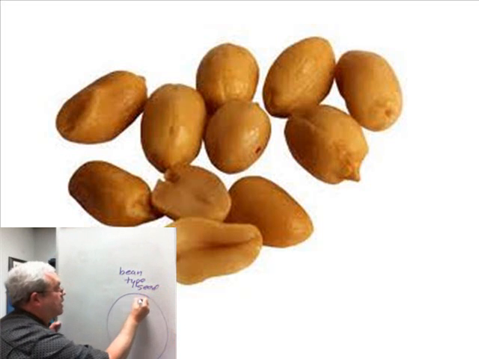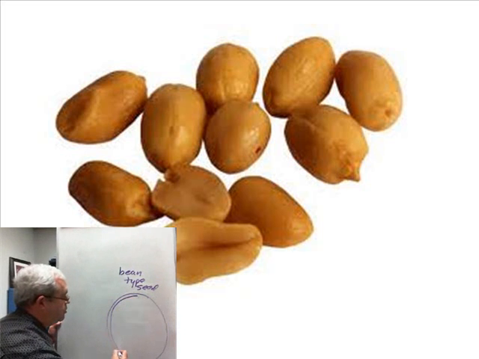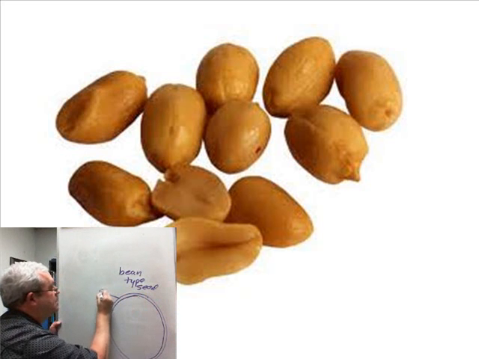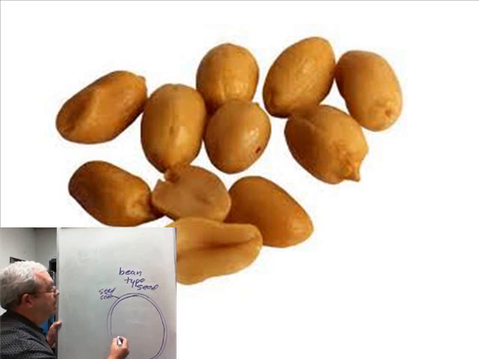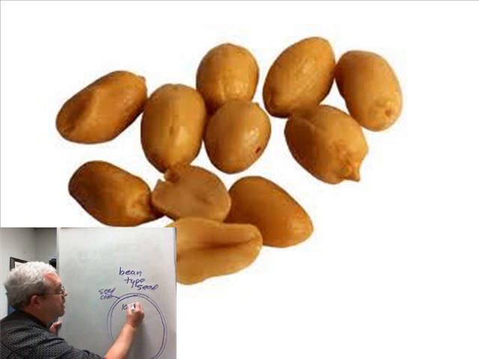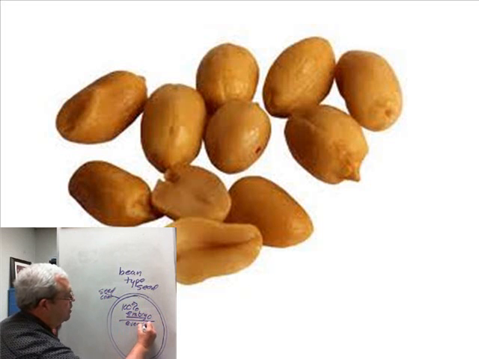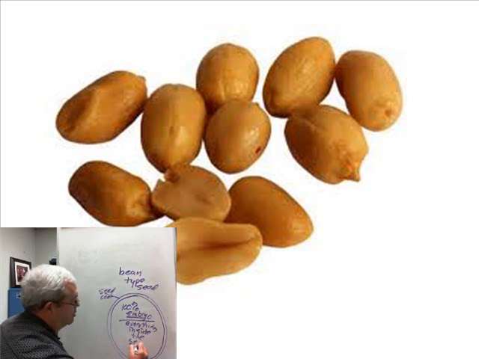Well, it's got its little seed coat, for peanuts that's that little brown covering. But inside the seed coat at maturity, a bean type seed is 100% embryo. The embryo is everything inside the seed coat.